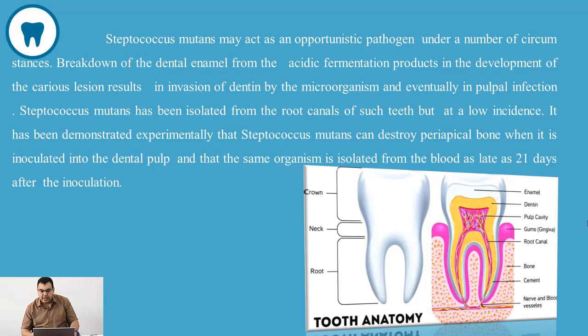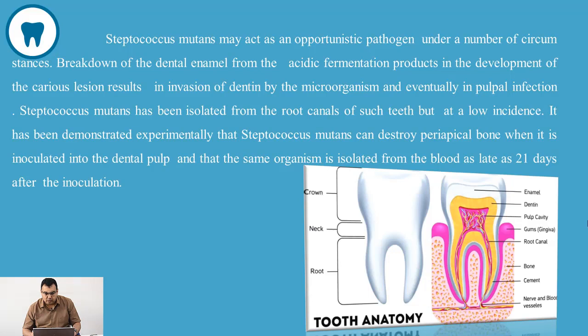Streptococcus mutans may act as an opportunistic pathogen under a number of circumstances. A breakdown of the dental enamel from the acidic fermentation products in the development of the caries lesion results in invasion of dentine by the microorganism and eventually in pulp infection.